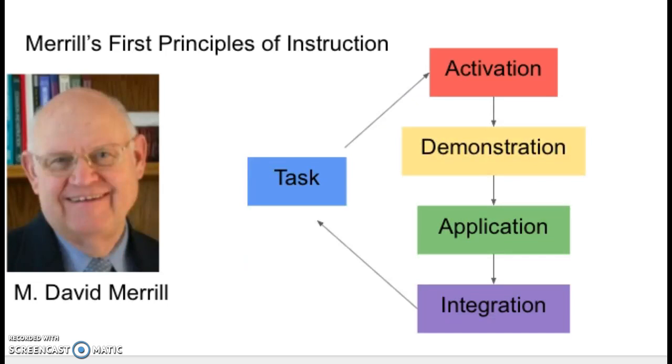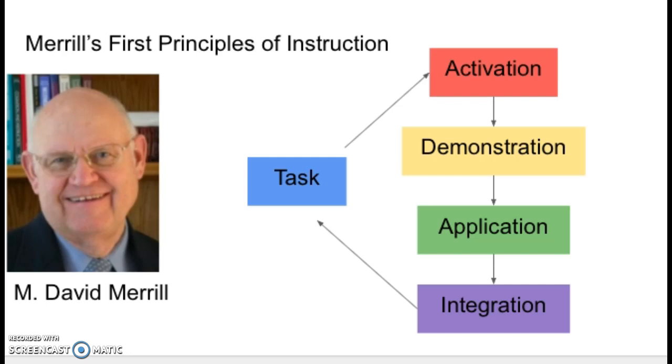You will then learn about M. David Merrill's Principles of Instruction. A professor emeritus at Utah University, Merrill looked at lots of different models of instructional design and lots of different theories of learning. And through these, he found that there are 5 basic principles that must be in place for learning to happen.